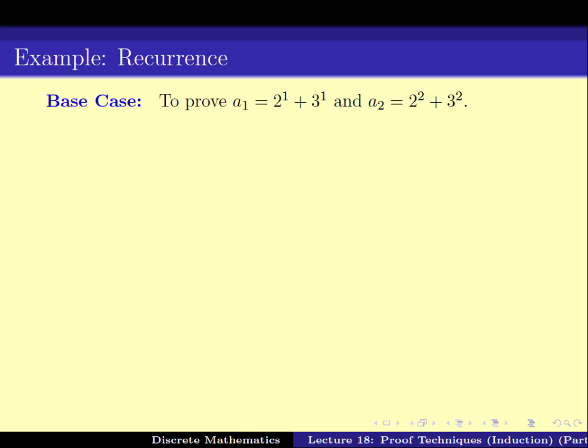So the base case is that we have to prove that a_1 equals 2^1 plus 3^1 and a_2 equals 2^2 plus 3^2. And this is not that hard to prove because it can be checked or verified easily.